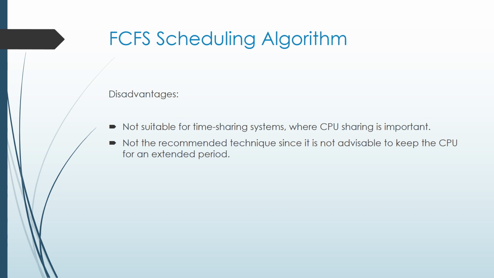That becomes a disadvantage of this type of scheduling since it is not suitable for time sharing, because we cannot share the CPU. The processes have to wait for the previous process to finish before they will be accommodated by the CPU. So it is not a recommended technique since it is not advisable to keep the CPU for an extended period.